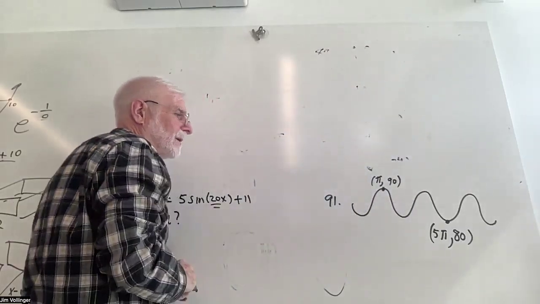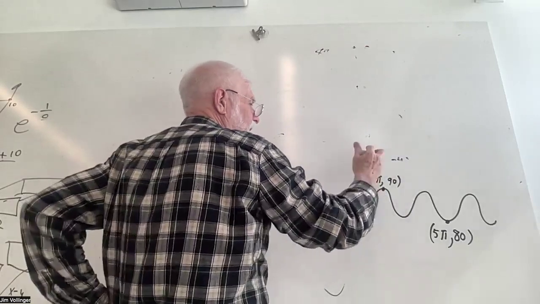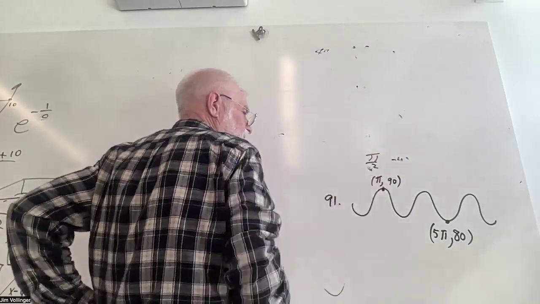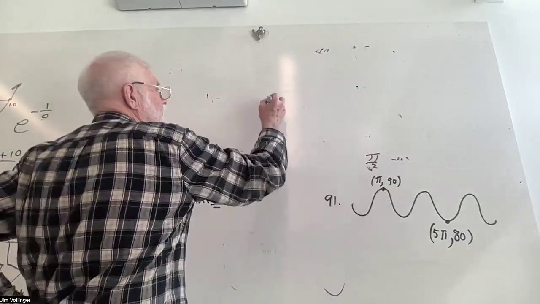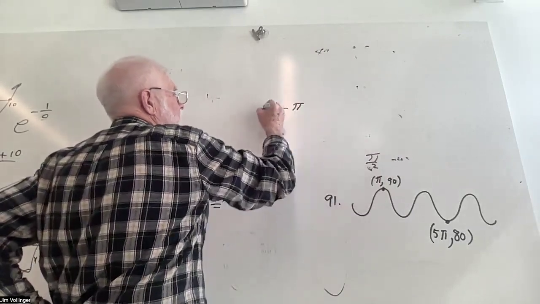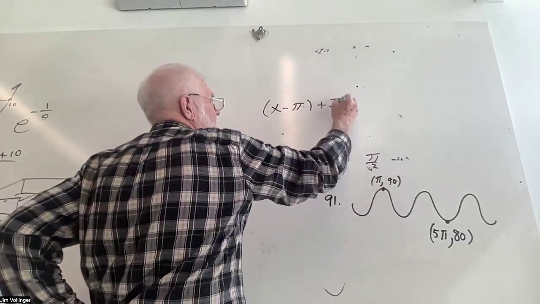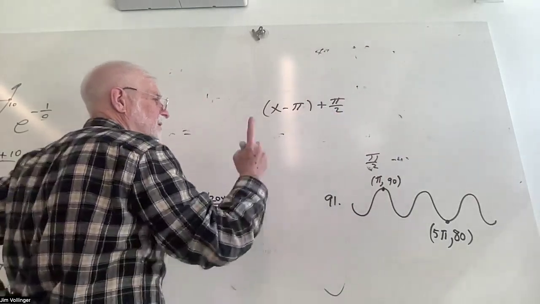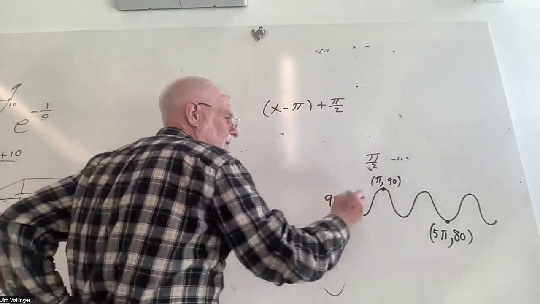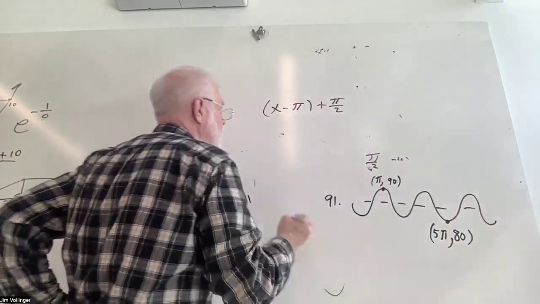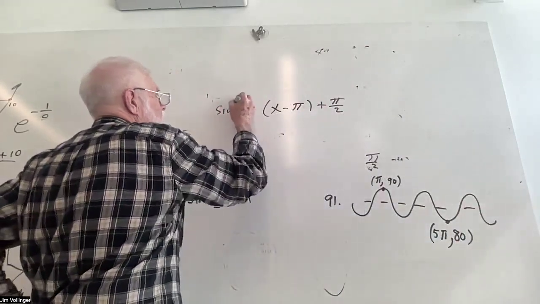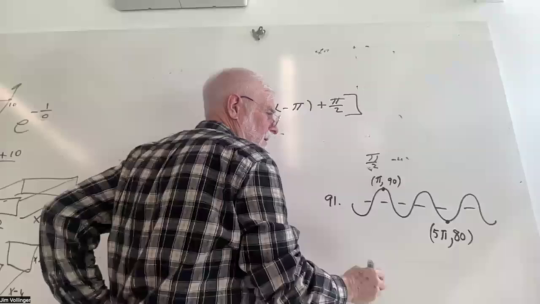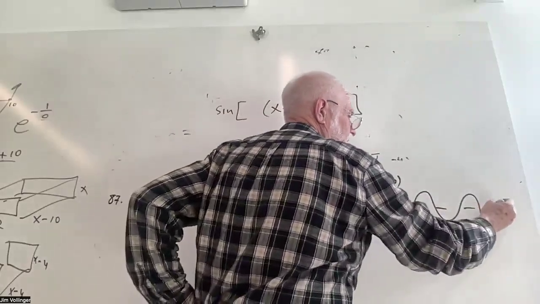Pause it, I hope. What do I see? I want pi to act like pi over 2, because I'm going to do a sine function here. So I've got x minus pi gets me pi over 2. Yep. That's going to get me the number 1 in the sine function. What am I doing to the sine function here? I'm changing it by 80 to 90, so that's 85.